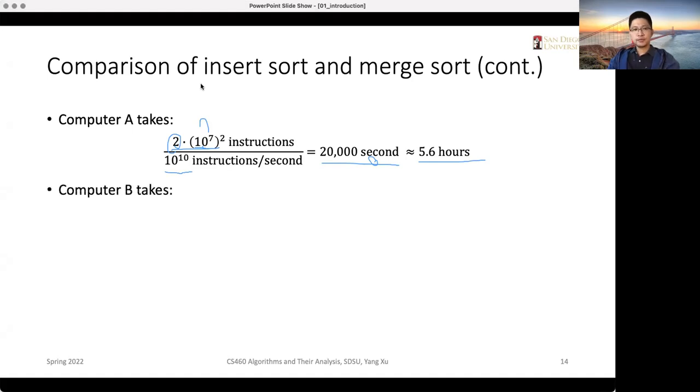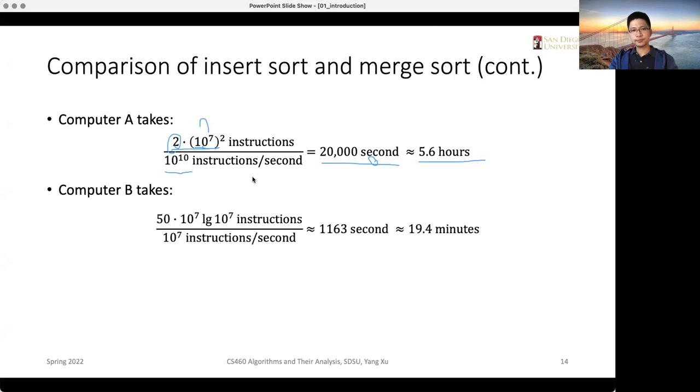All right, and we take the comparison with computer B. We have C2 equals 50, right? And the formula is n times logarithm of n. So we use 10 to the power of 7 times logarithm of 10 to the power of 7, right?